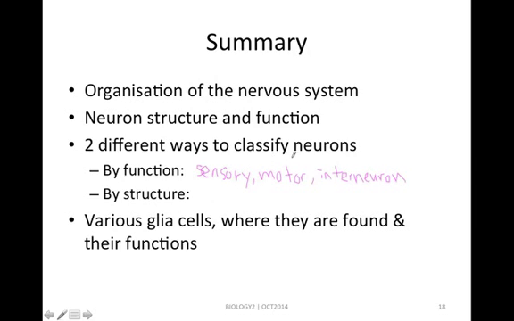And the other way to classify neurons is by structure. Basically, you count the number of extensions that emerge from the cell body. If you have one extension, it's called a unipolar neuron. Two extensions from the cell body, bipolar. Multiple extensions from the cell body, multipolar.